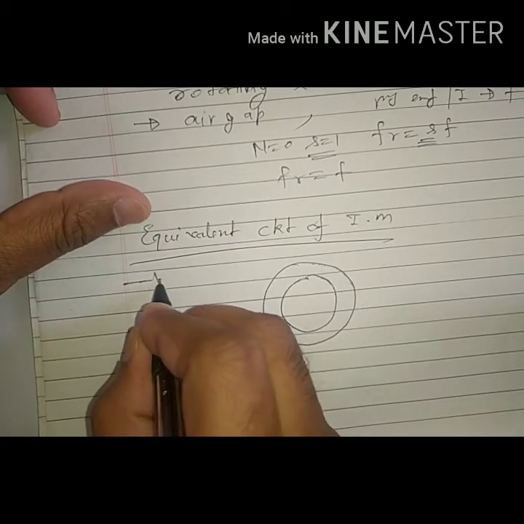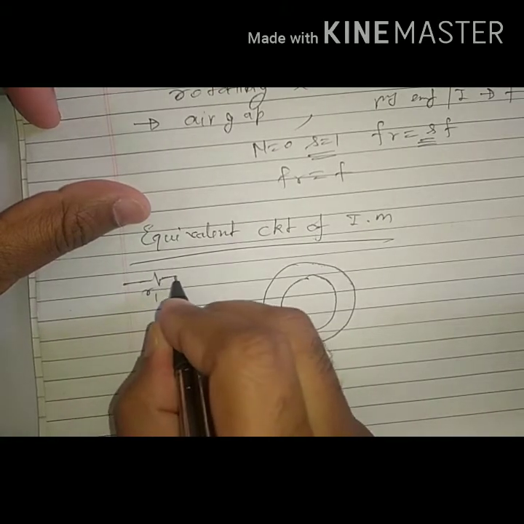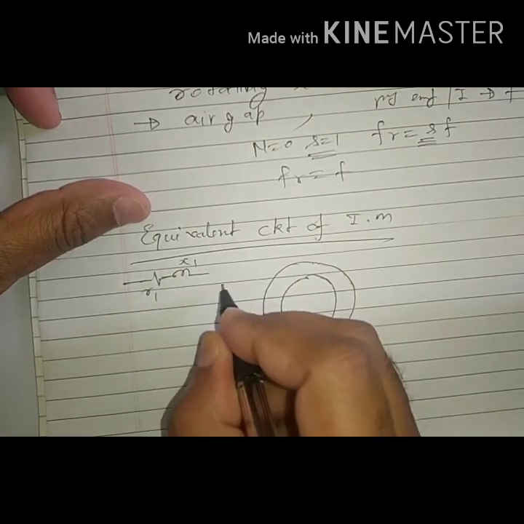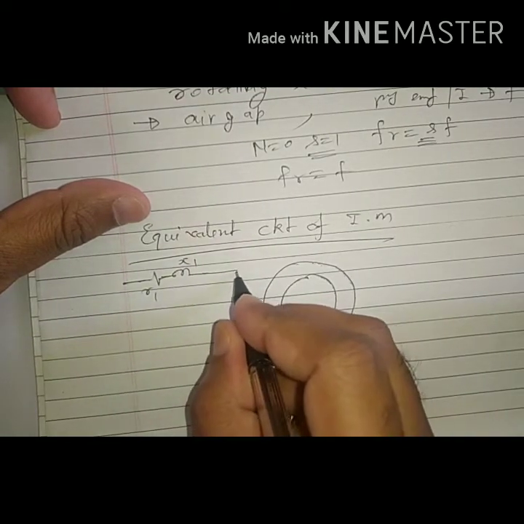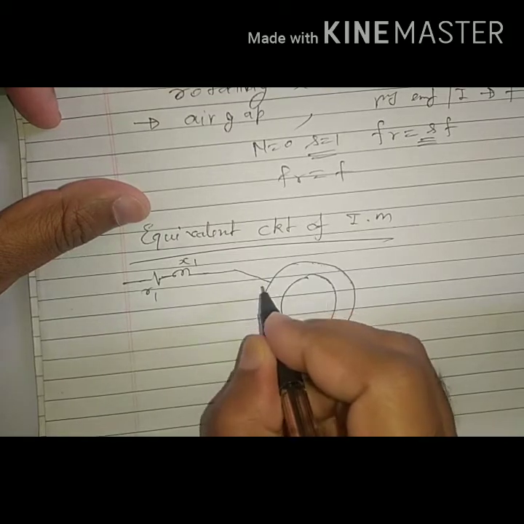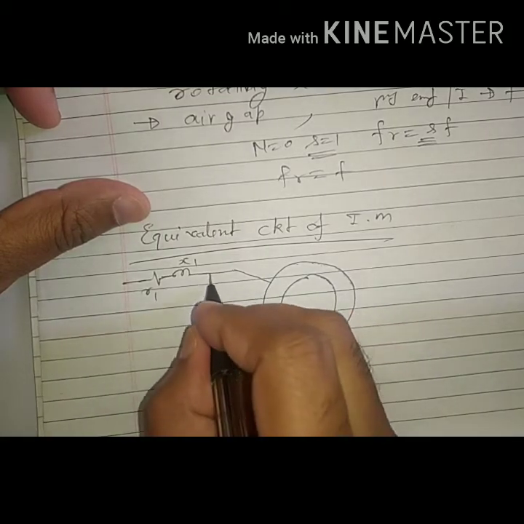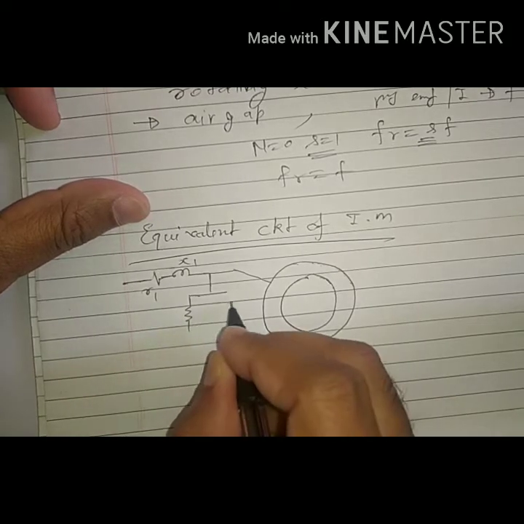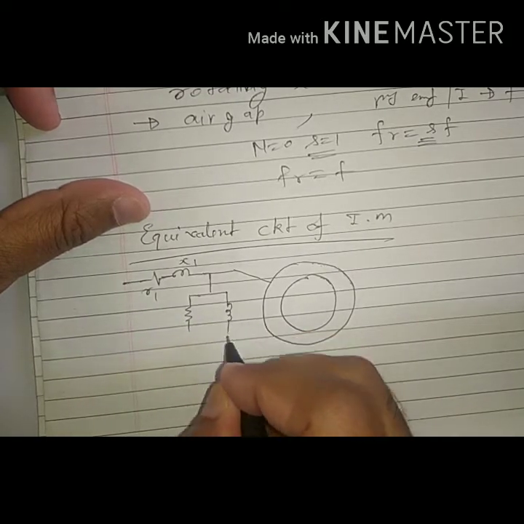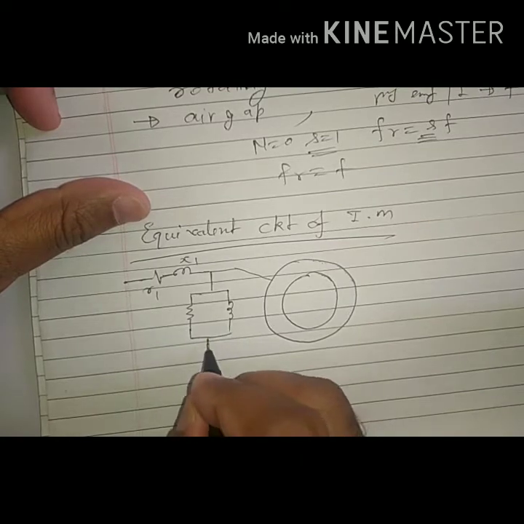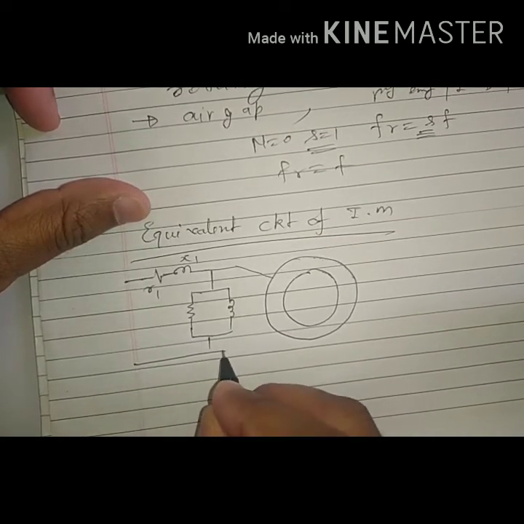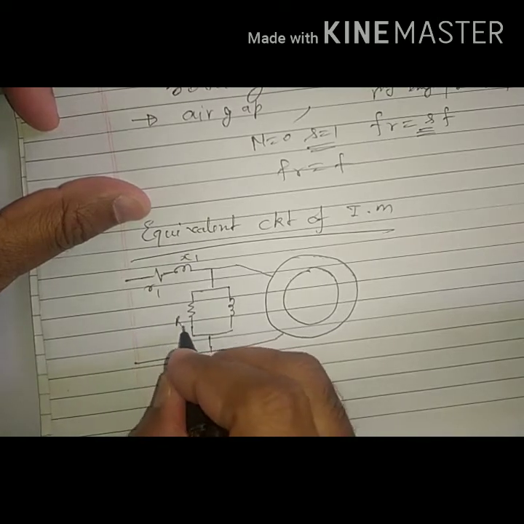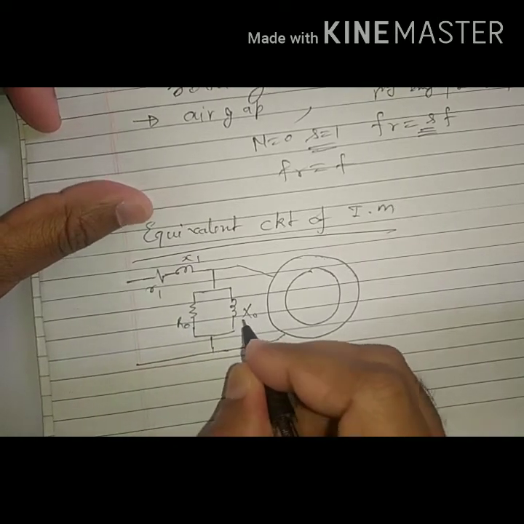So the stator has stator resistance R1, stator leakage reactance X1, and we have an exciting branch also, just like a transformer. This is R0, X0.